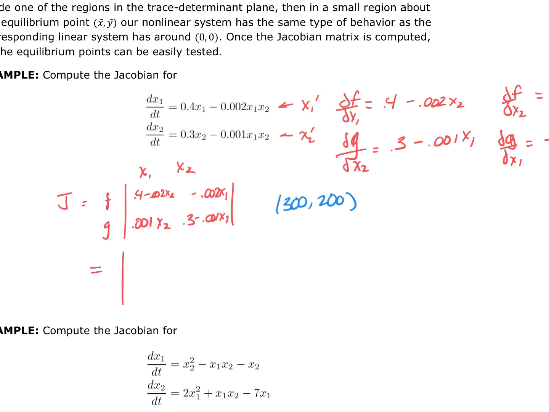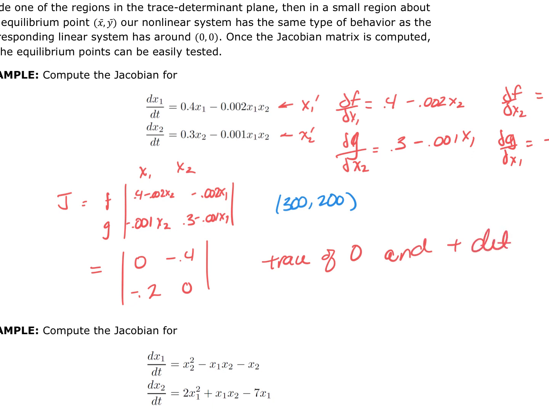It's going to be 0 here. This will be a negative 0.4. This will be, and that should be a negative right there, a negative 0.2. And this becomes a 0 here as well. This Jacobian has a trace of 0 and a positive determinant.